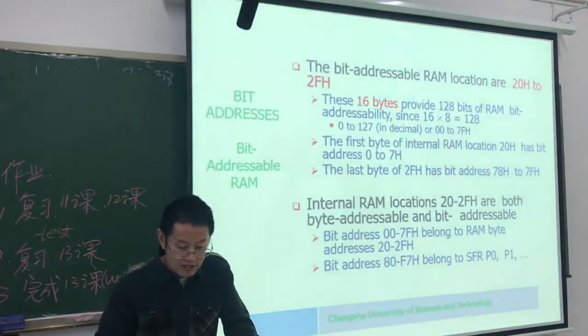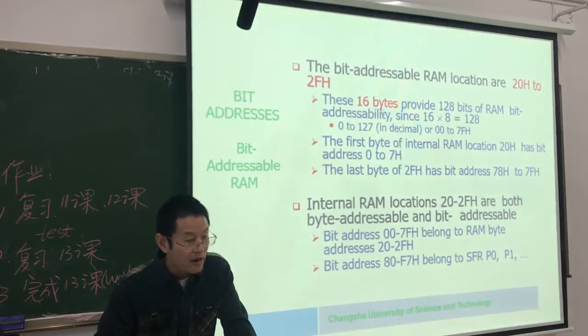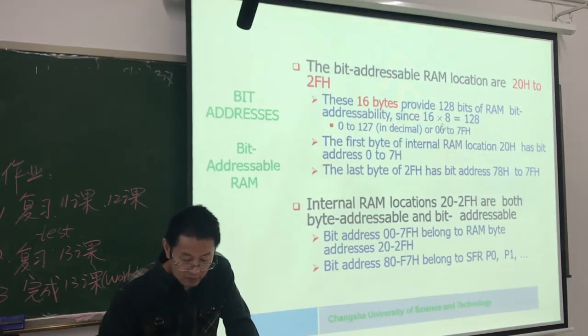The bit addressable RAM locations are 20H to 2FH. These are 16 bytes, providing 128 bits of RAM bit addressability, since 16 times 8 is equal to 128.